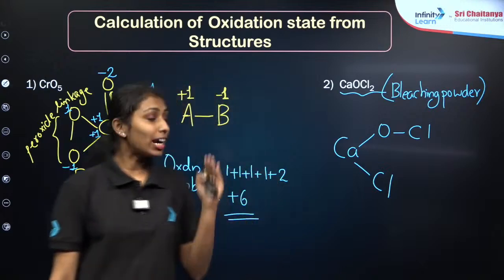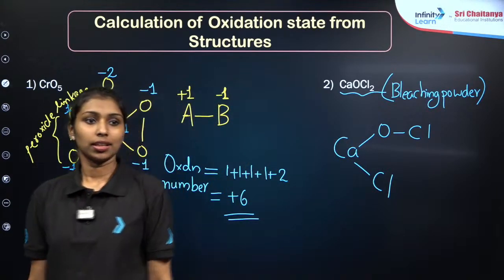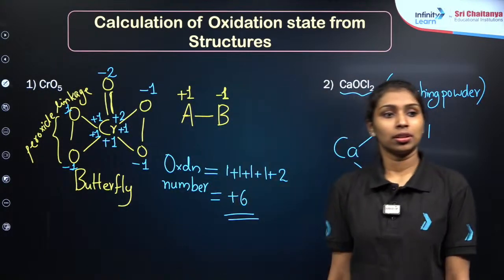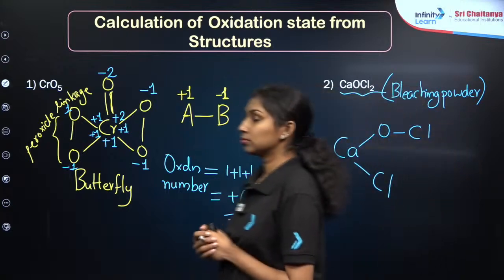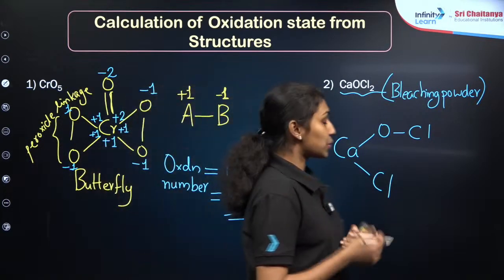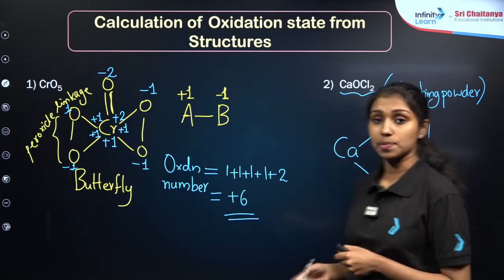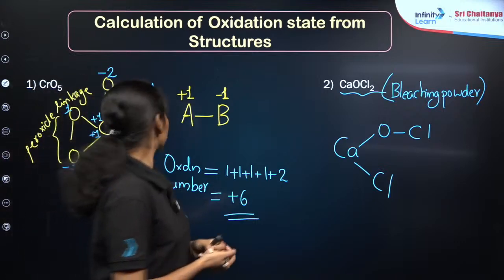now please explain what will be the oxidation number of the particular atoms. Just check the electronegativity difference, which one has the higher electronegativity, then find out the oxidation number of the particular atoms.